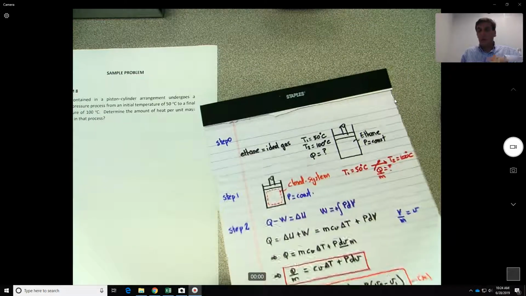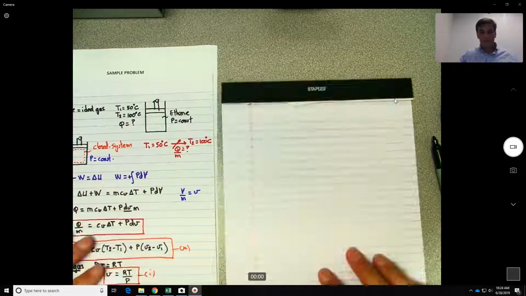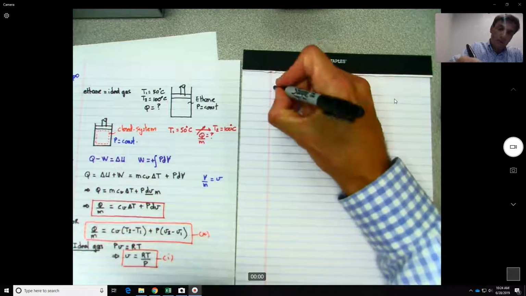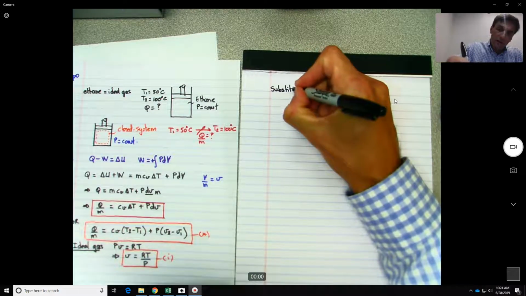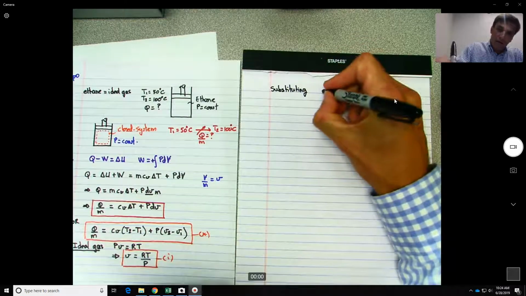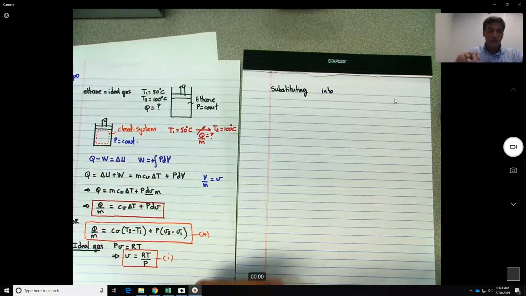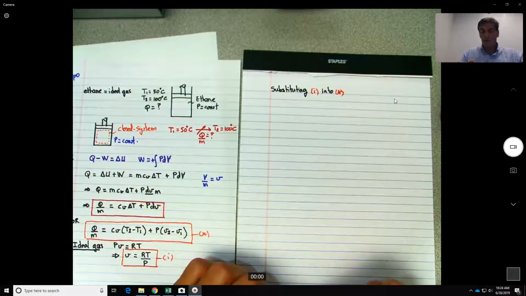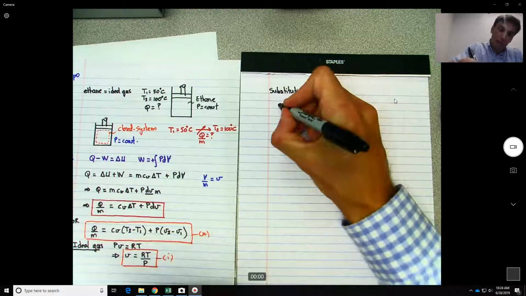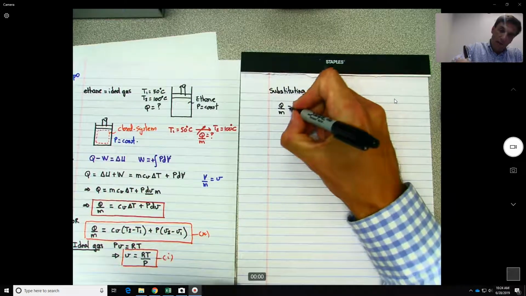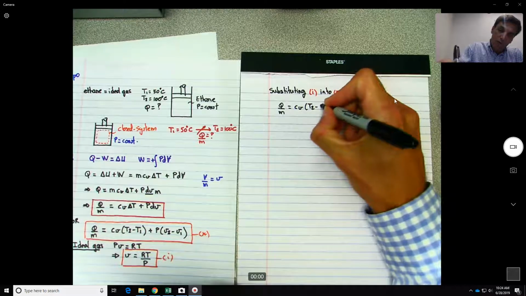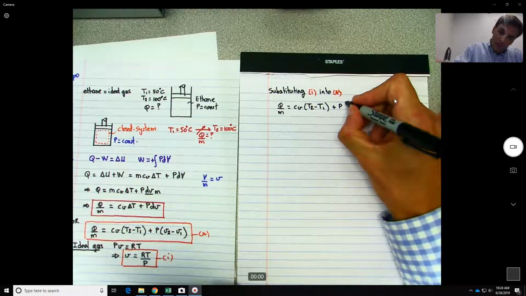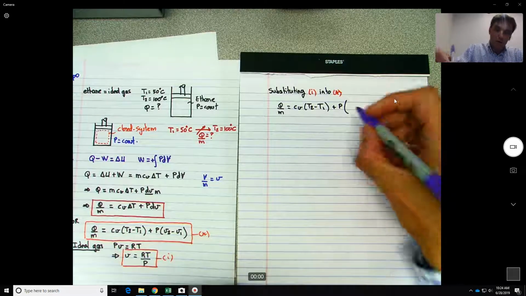Okay, so let me go to the next page. So now, substituting the first equation into the star equation, we obtain Q over m equal to Cv (T2 minus T1) plus P, and then V2 will be what?